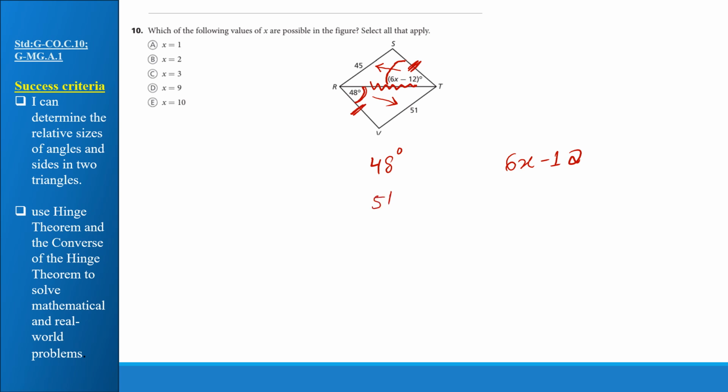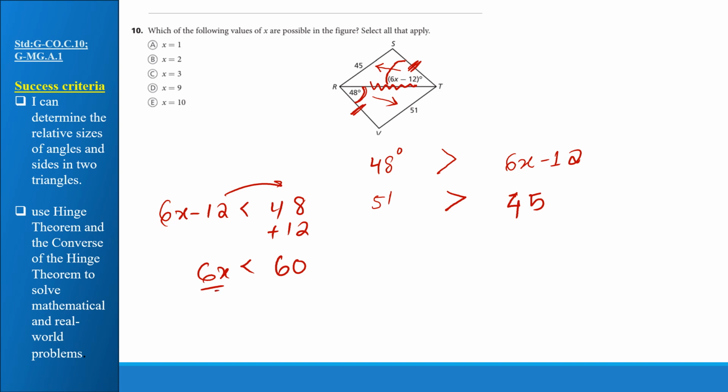Opposite to 6x minus 12, the side is 45. I know that 51 is bigger than 45. That's why 48 is bigger than 6x minus 12. So let me write it down: 6x minus 12 is less than 48. Bring the 12 here, so I will get plus 12. So 6x is less than 60. Divide both sides by 6, I will get x is less than 10.